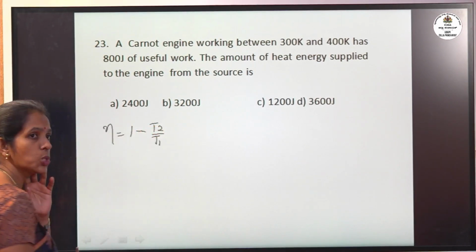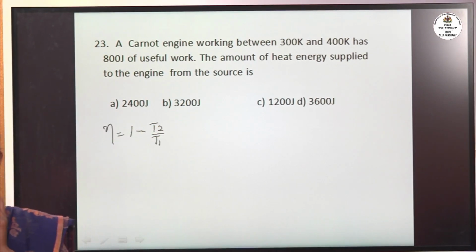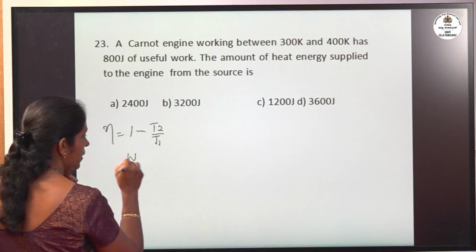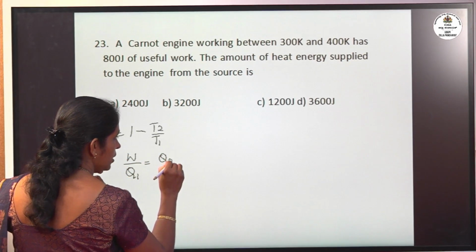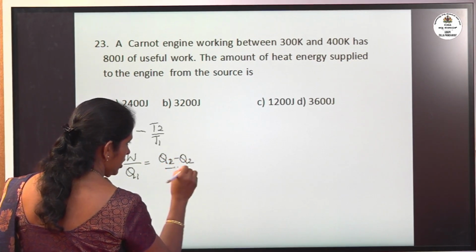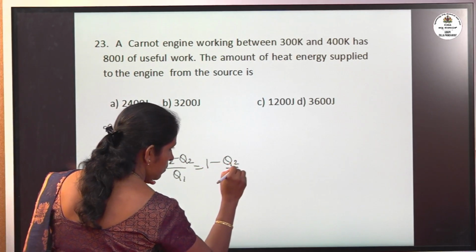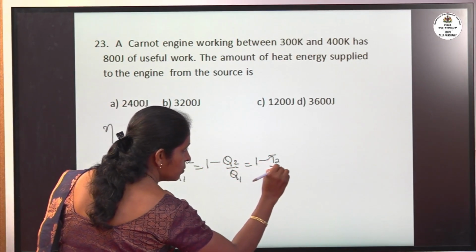It is the ratio of amount of work done to amount of heat absorbed, W by Q1, which is equal to Q1 minus Q2 divided by Q1, or 1 minus Q2 by Q1. This is also equal to 1 minus T2 by T1.